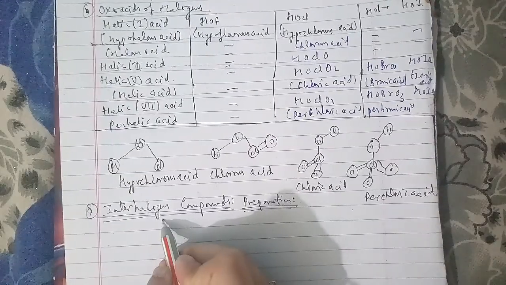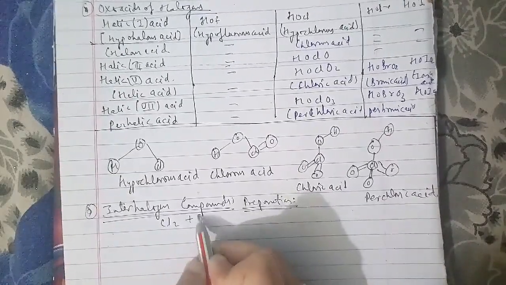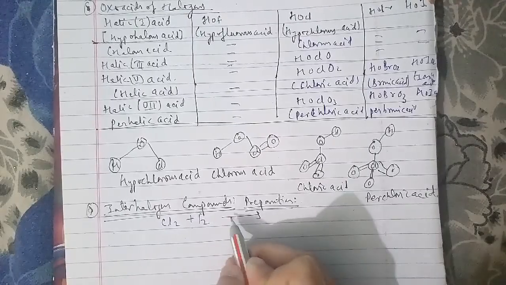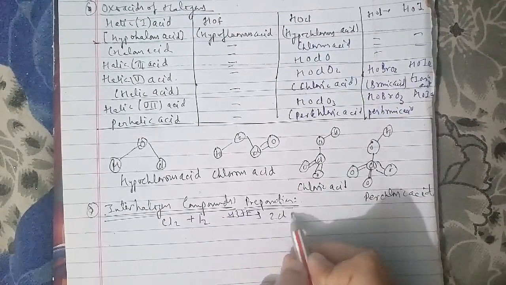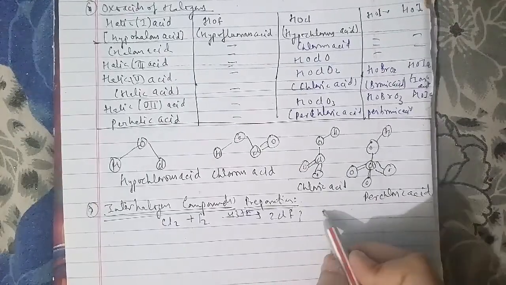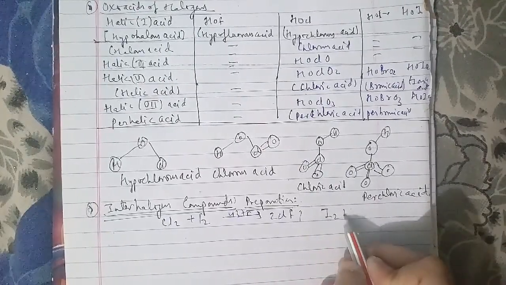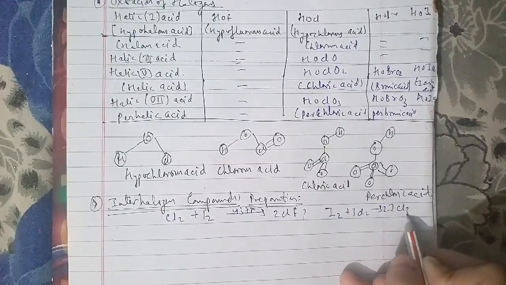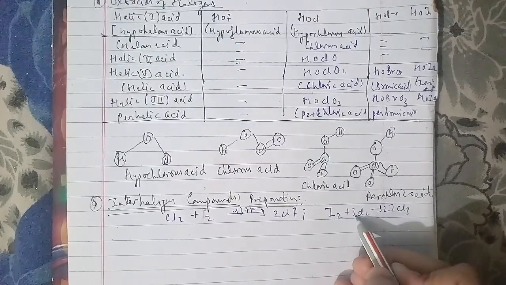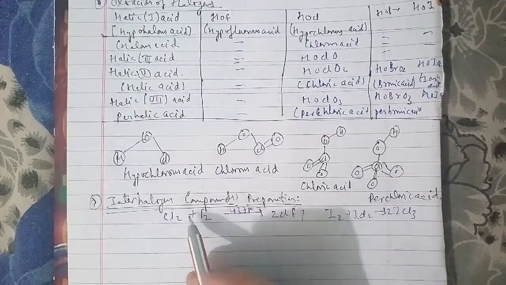Now another one is I2 plus Cl2 giving 2ICl, in equimolar amounts. And Br2 plus 5F2 gives 2BrF5, where F2 is in excess here.